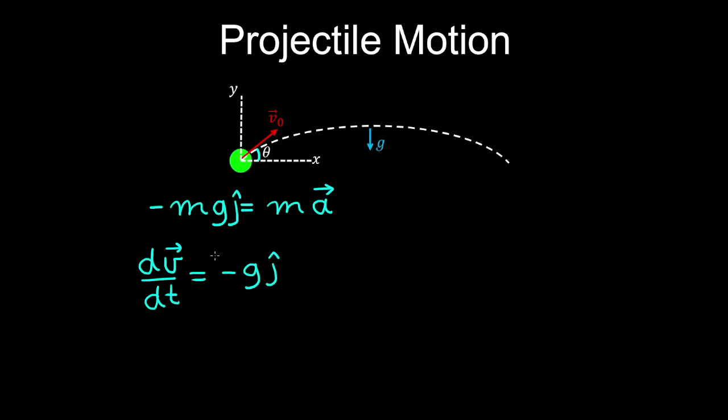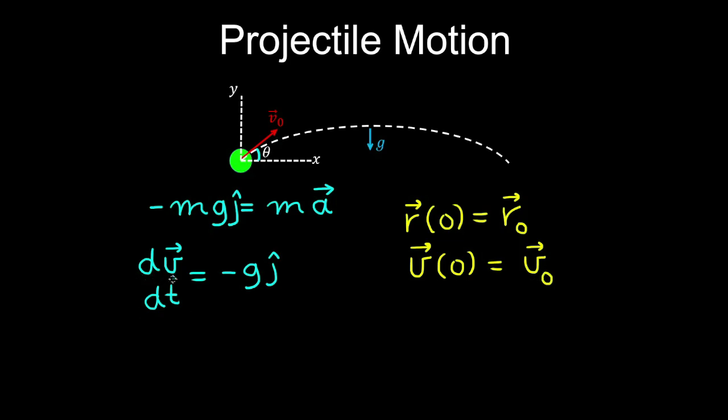So this is a differential equation, and we have our initial condition that the position of the projectile at time 0 is denoted r0, and the initial velocity of the projectile at time 0 is the launch velocity, being v0.